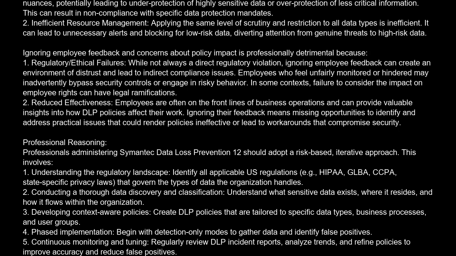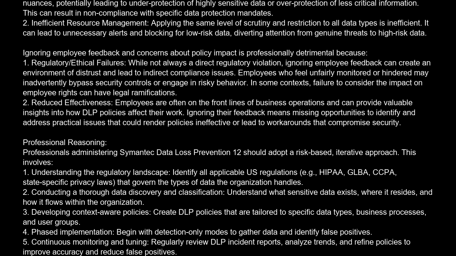2. Inefficient resource management. Applying the same level of scrutiny and restriction to all data types is inefficient. It can lead to unnecessary alerts and blocking for low-risk data, diverting attention from genuine threats to high-risk data. Ignoring employee feedback and concerns about policy impact is professionally detrimental because 1. Regulatory/ethical failures.